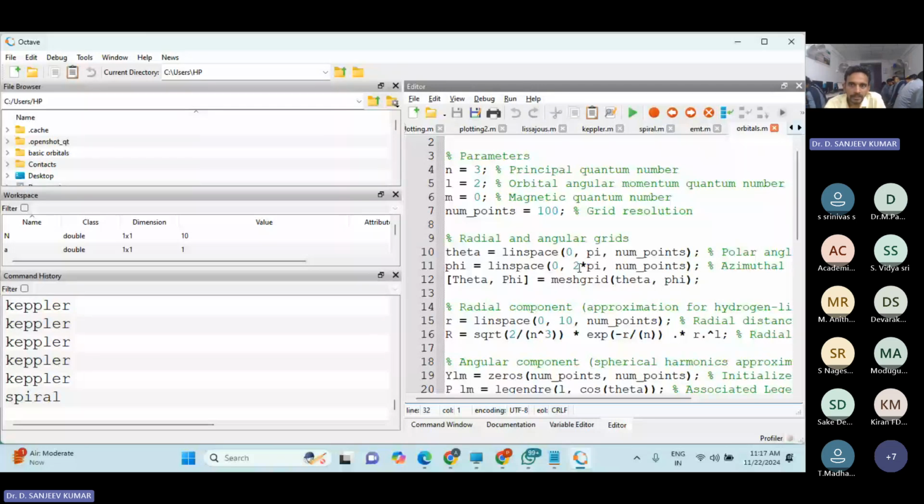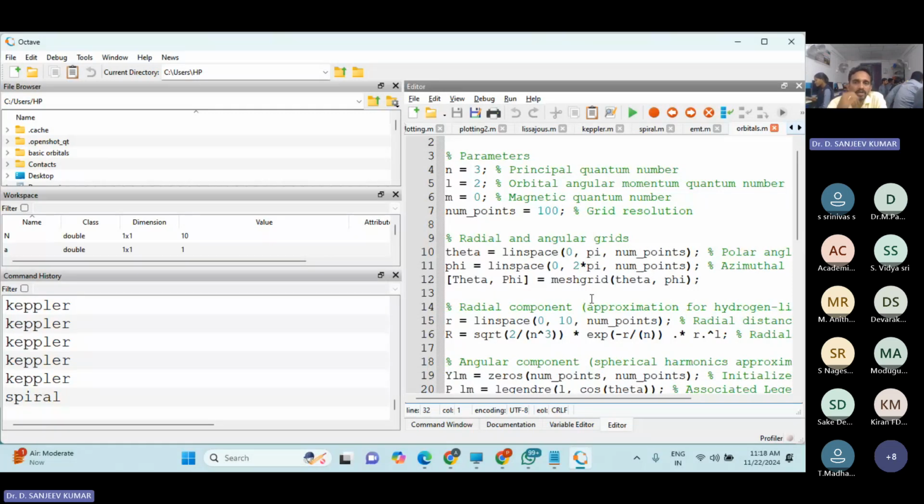So on xy plane, we develop a circle, and if we extend the circle from 0 to pi along that direction, it becomes a sphere. So we can generate a 3D structure by varying theta from 0 to pi and phi value from 0 to 2 pi. And a mesh grid is generated with theta and phi.